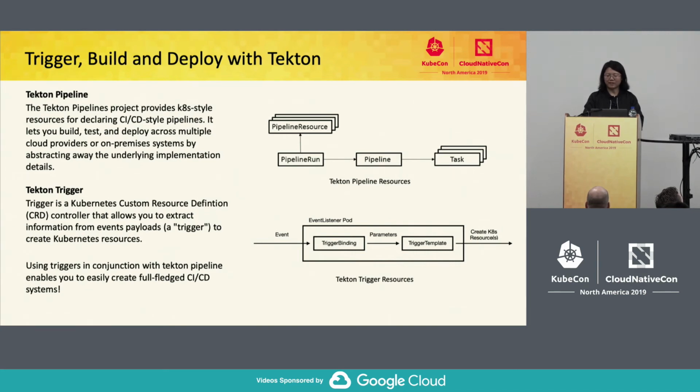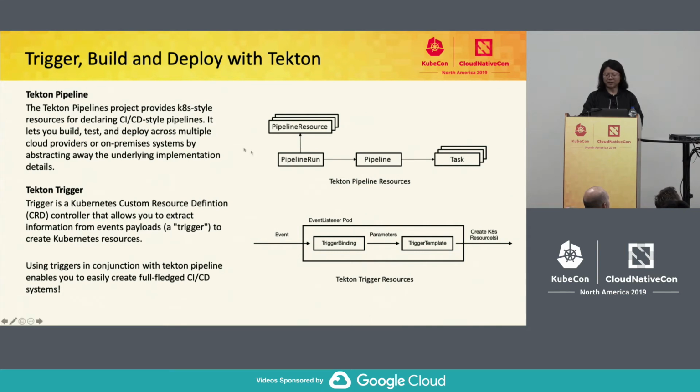Tekton Pipeline provides several Kubernetes-style resources for declaring CI/CD pipelines. For example, you can define a task, which is a collection of steps you want to run as part of your flow.